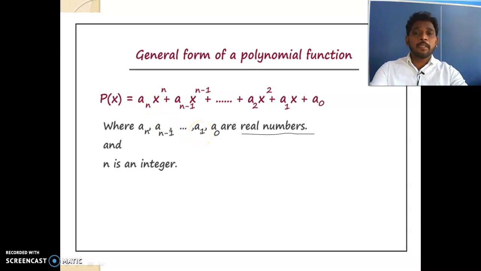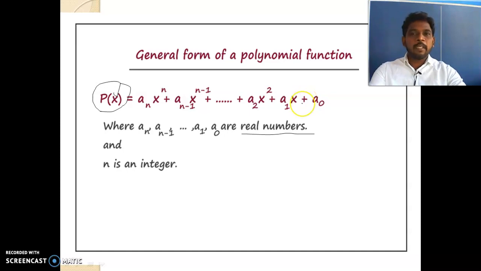A real number is a combination of rational and irrational numbers. So in the expression, the coefficient of the variables may be rational or irrational. Also, a polynomial is always denoted with a function of the variable in the bracket. If p of y, it means the expression contains the variable y.